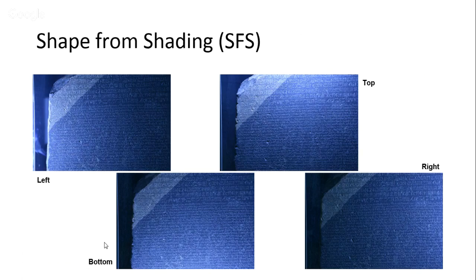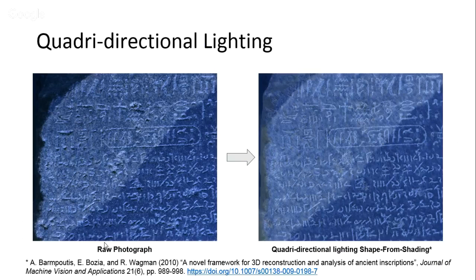So although the same exact text is shown, the differences in shading are significant enough to capture the 3-dimensional structure that could be recovered. Now, one step of this post-processing is this quadridirectional lighting shape from shading, which, as you can see here, significantly improves the legibility of the text.